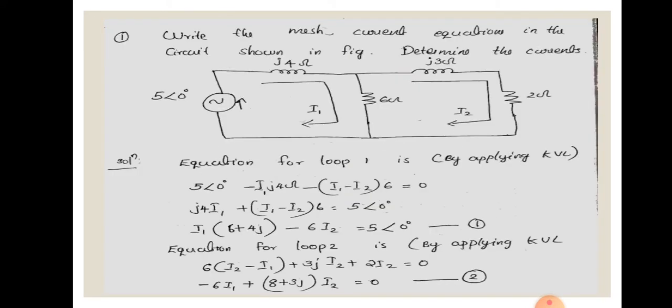First of all, what you have to remember is that when we are using mesh analysis, the procedure of applying KVL rules and the procedure for writing the equations for each mesh is the same. But the only difference is that here the branch elements are different. Here we are using inductors, so corresponding to inductance we write its inductive reactance in terms of j.